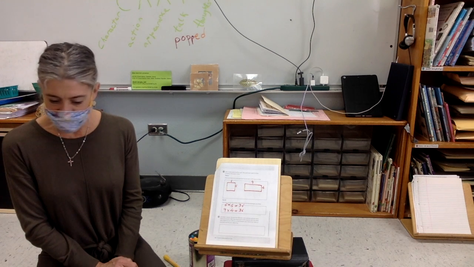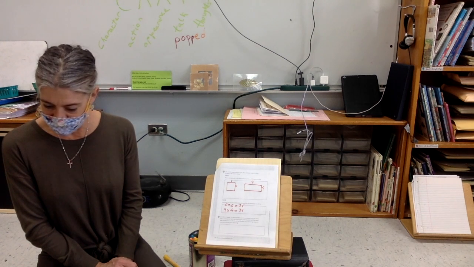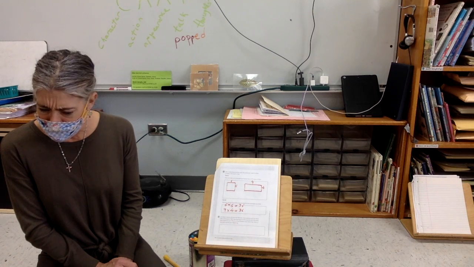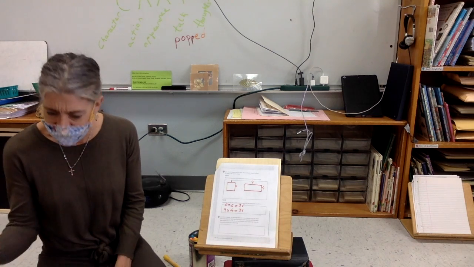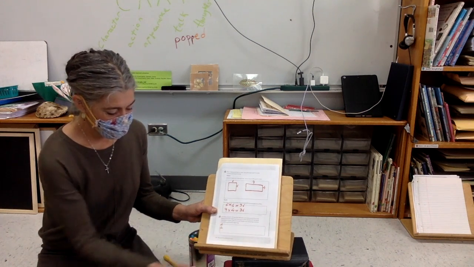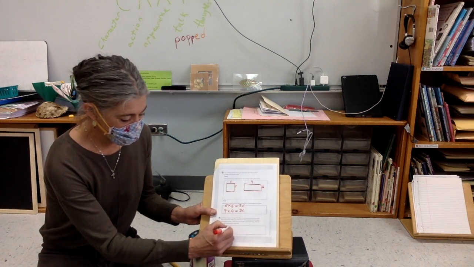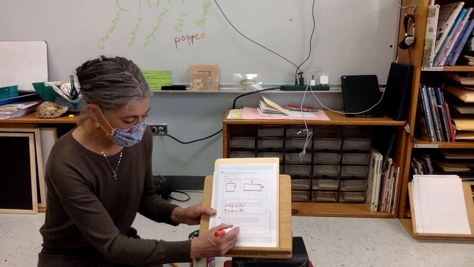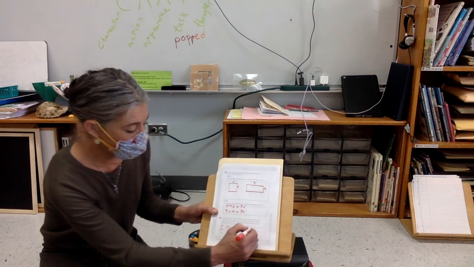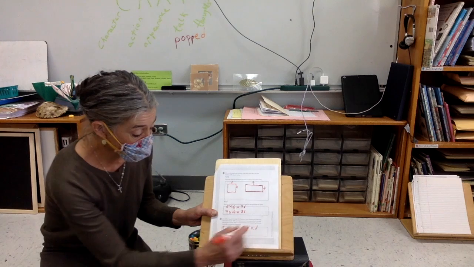Yeah, one square cannot have the same area as a different square, right? Because the sides are all the same. Okay.